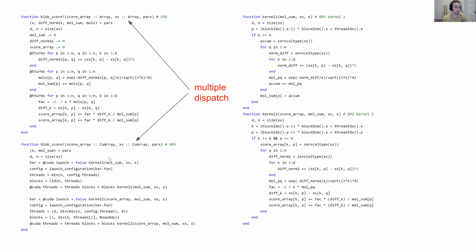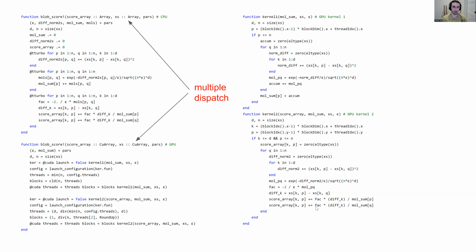Whereas the GPU implementation calls these two kernels, and if we look inside these two kernels, each of them has a loop just over n. So each thread loops over all the particles, and there are n threads.